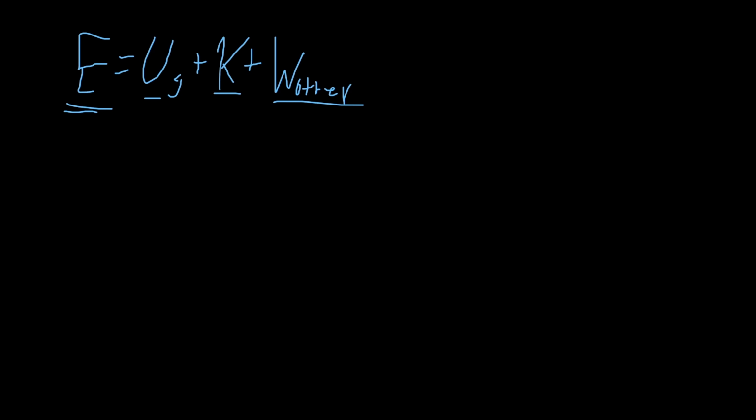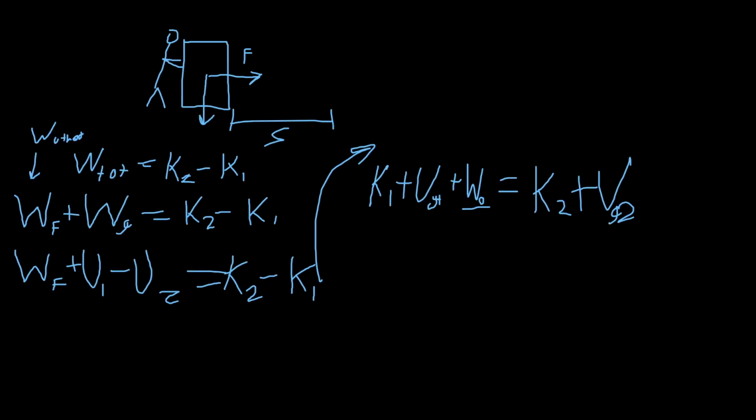We can also notice that if we set this to 0, we get our previous work-energy theorem that we all know and love. So you get K1 plus UG1 equals the final kinetic energy plus our final gravitational potential energy.